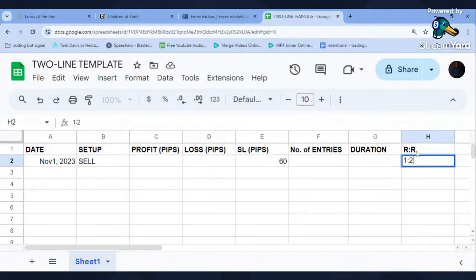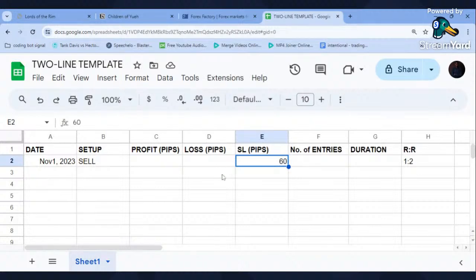That's the meaning of RR, risk reward of 1 to 2 at least. It could be more. So if I'm risking 60 pips, I'm expecting to get 120 pips out of this trade. How do I make that happen?